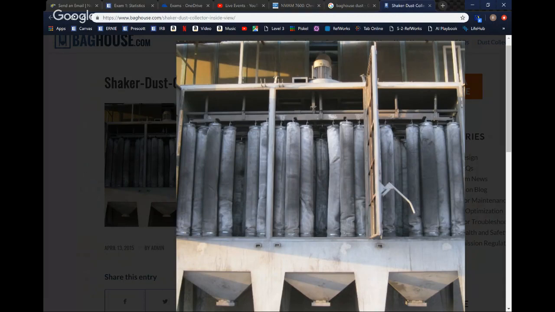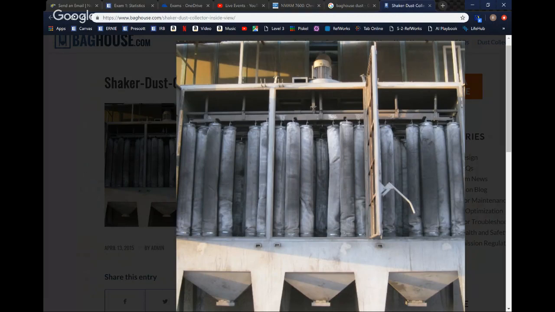That won't prevent the explosion, but at least it will hopefully prevent it from killing people. Another option is what's called a blast door. Again, it doesn't prevent the explosion, but it directs the energy. There will be a door somewhere in the baghouse that will open if there is an explosion, to release all that pressure in a certain direction, hopefully outside of the building.